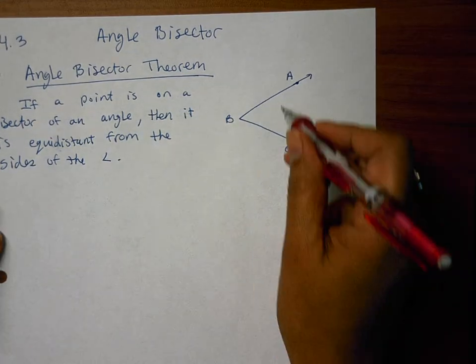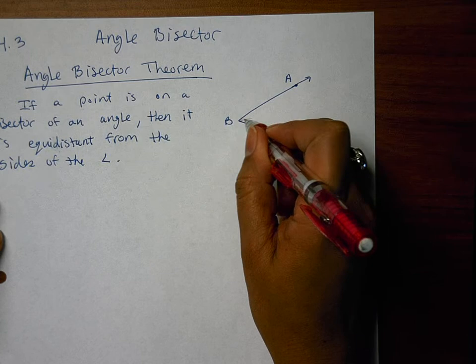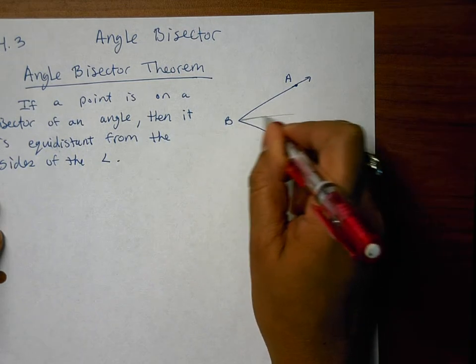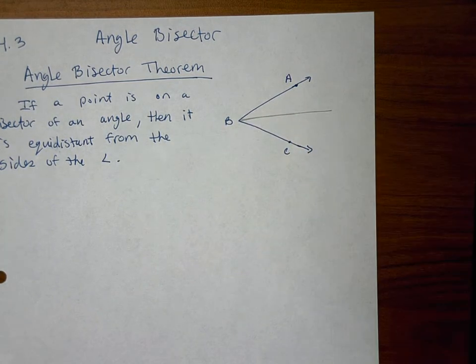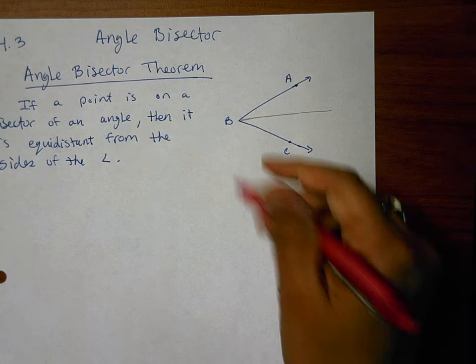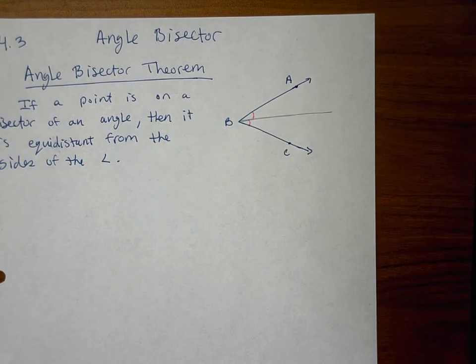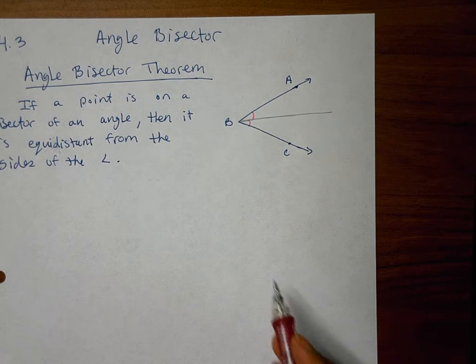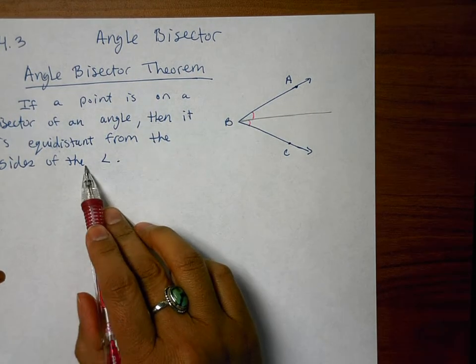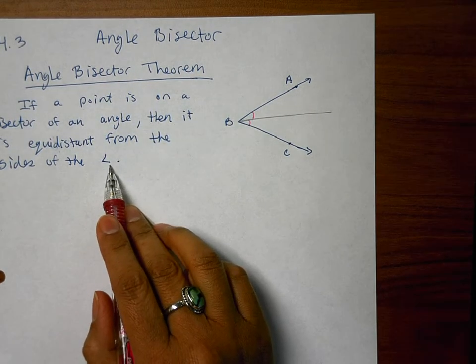We bisect the angle, which means you cut the angle in half. So those two angles are congruent because you bisected the angle. Then it is equidistant from the sides of the angle.